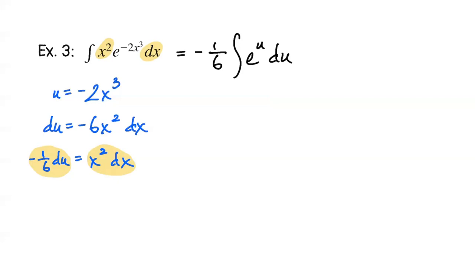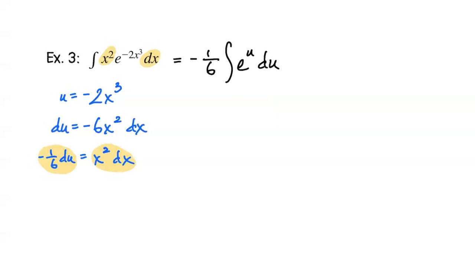Are there any questions about where this negative 1/6 e to the u du came from? Yes, can you explain, please?